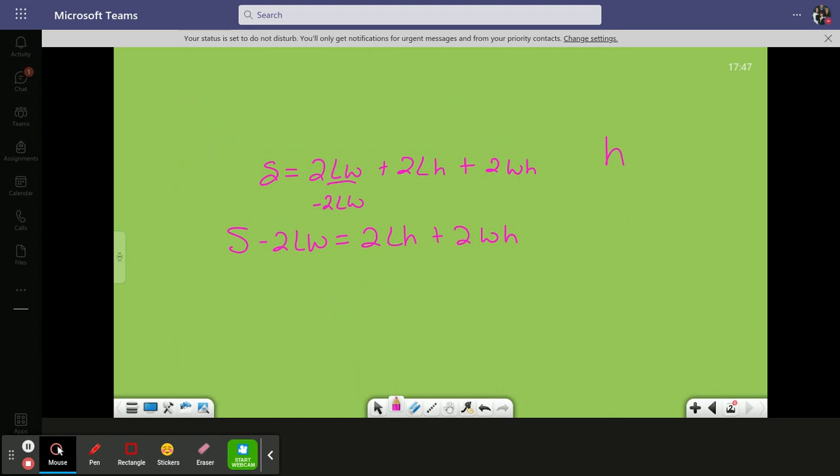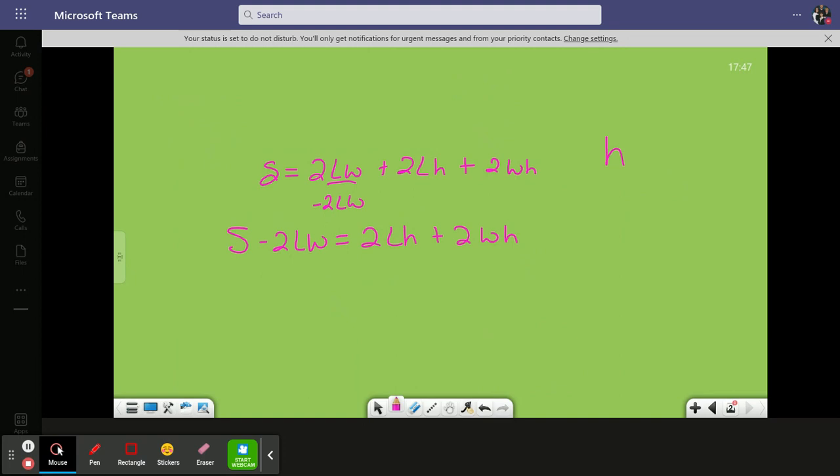Now my height is in 2 terms. And I have to get it alone. So that means I have to take it out of those 2 terms. This is where I'm going to do that distributive property backwards.